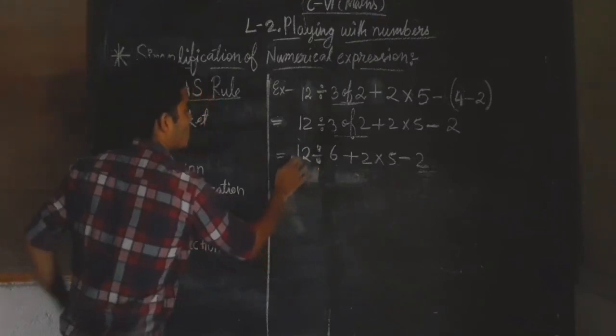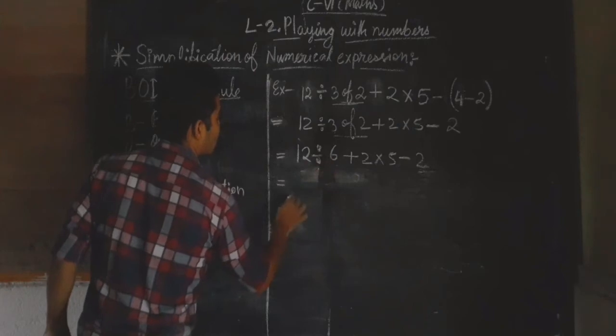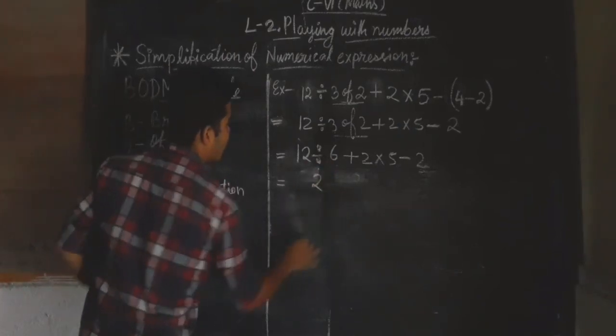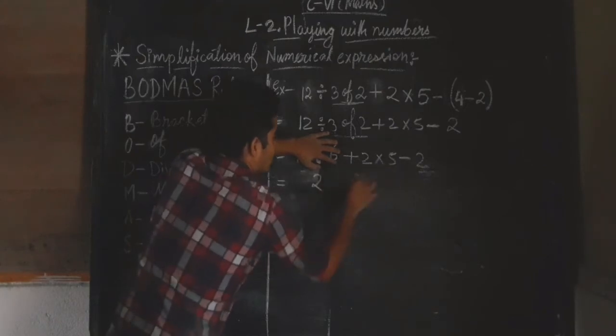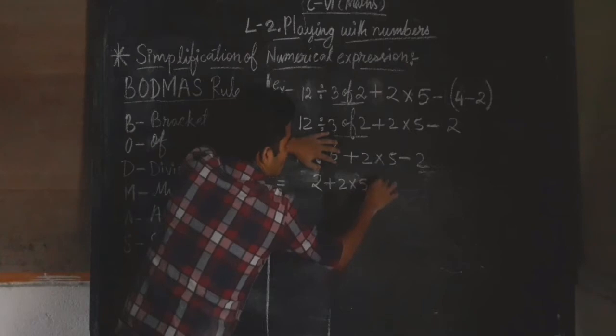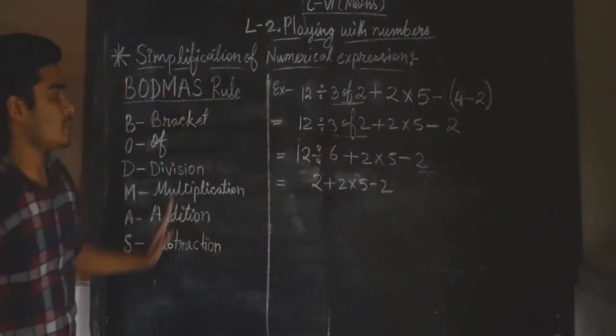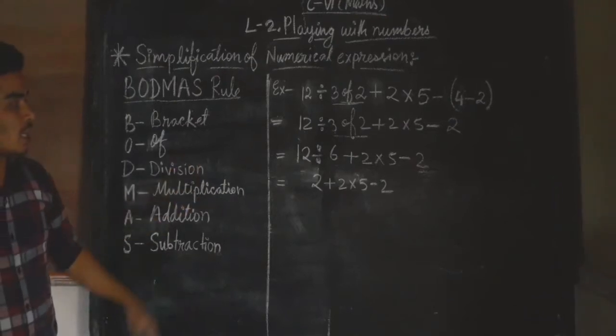So 12 divided by 6. What will be 12 divided by 6? 12 divided by 6 will be 2. I have done this division, I got 2, and after that all the other things will be as it is. So slowly we have to move forward to get the answer.